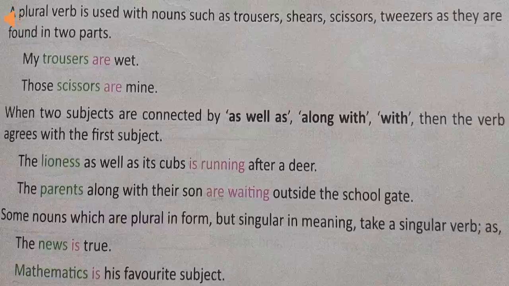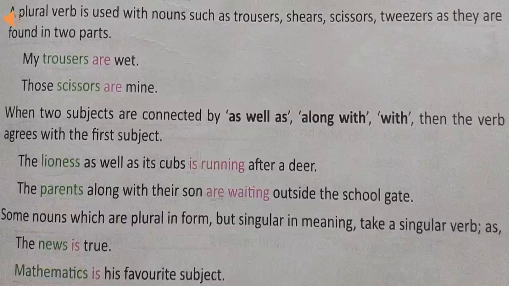When two subjects are joined by as well as, along with, besides, together with, etc., then the verb agrees with the first subject. For example, the lioness as well as its cubs is running after a deer. In this sentence, lioness and its cubs, these subjects are joined by as well as, and according to the rule, the verb must agree with its first subject.